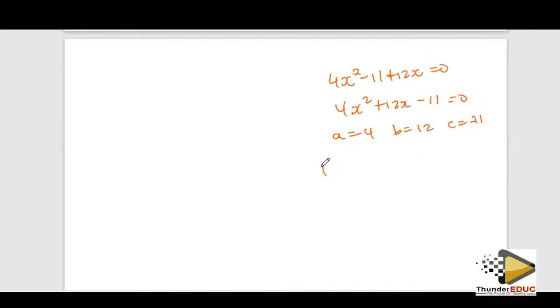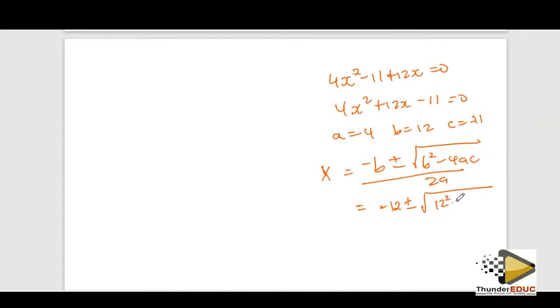When we substitute, we know that x = (−b ± √(b² − 4ac)) / 2a. So our b is 12, so we substitute with negative 12. And this is 12 squared minus 4, the a is 4, this is negative 11, over 2 times 4.